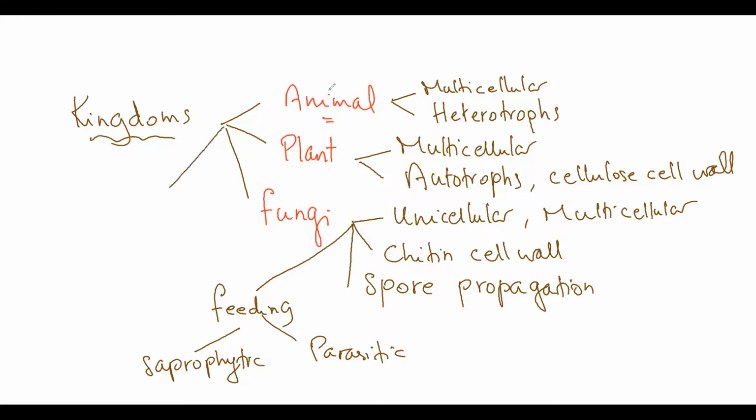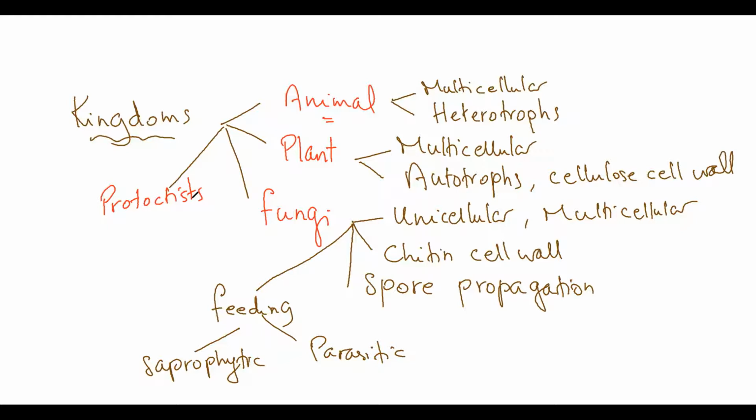The next kingdom is kingdom Protoctist. These Protoctists, by the way, he put them in a separate kingdom because he couldn't find any common features between them. Some of them look like plants, others look like fungi, others look like animals.